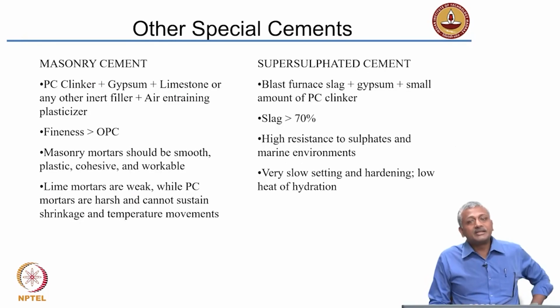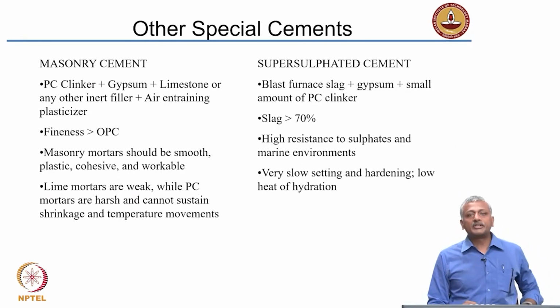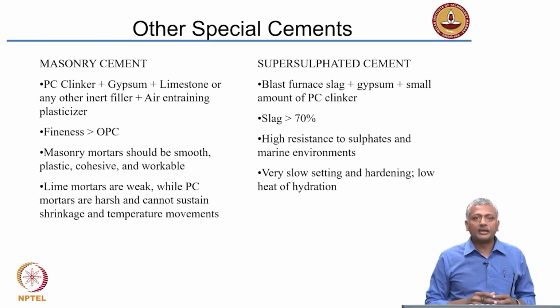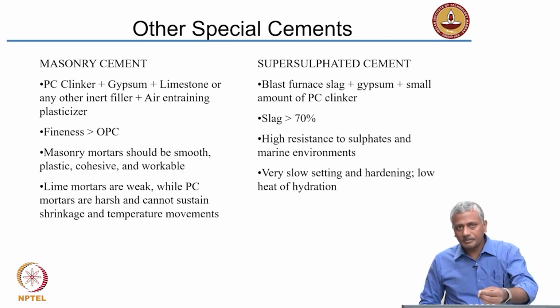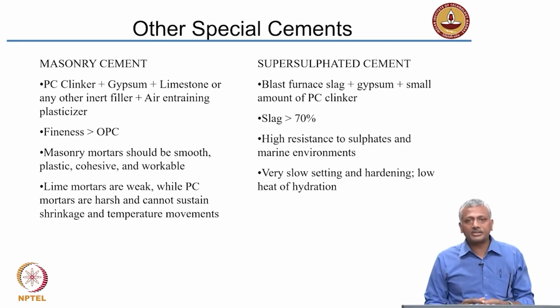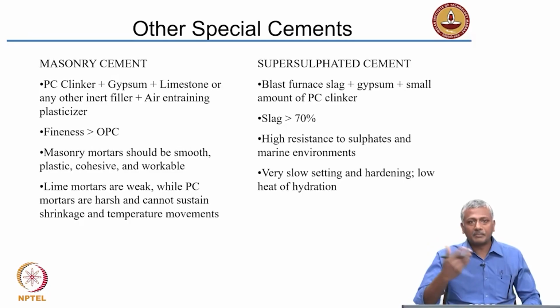Sometimes you may also, in some markets, have special purpose cements for masonry applications, where we do not want to use lime, and we do not want to use normal cement because it produces very high heats of hydration and can cause cracking of your plaster, for instance.